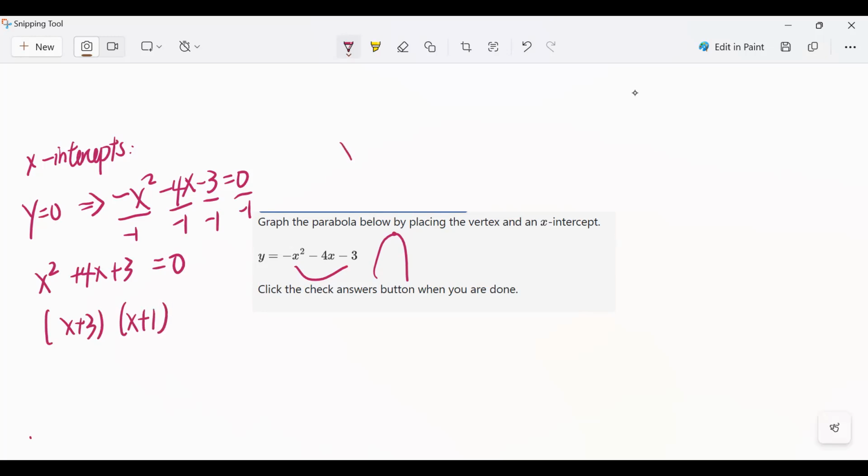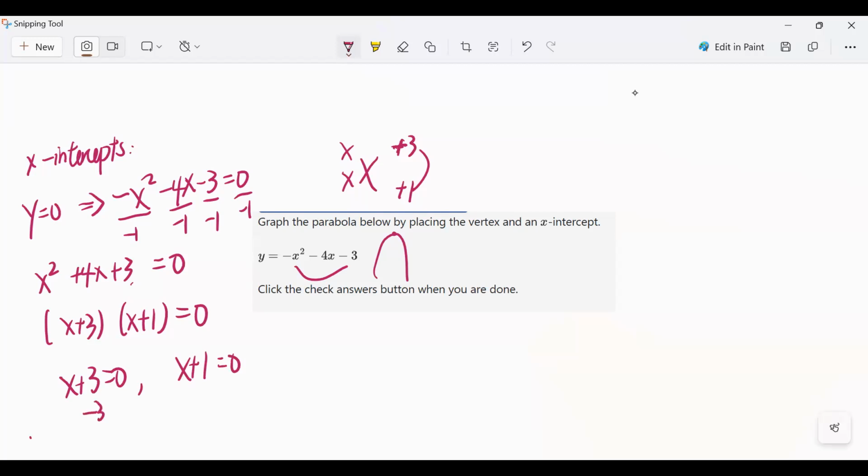If you break it down, it will be x plus 3 and x plus 1. Multiply, you get 3. Adding, you get positive 4. So that's what we want. And you set each factor equal to 0 and solve for x.